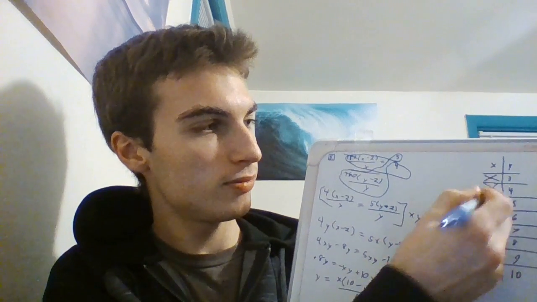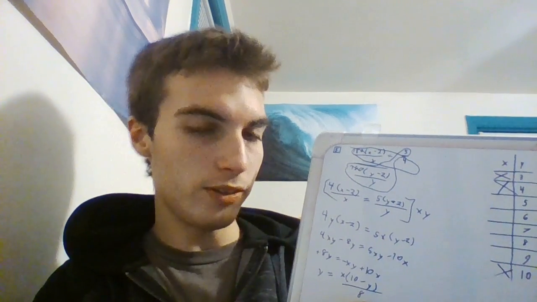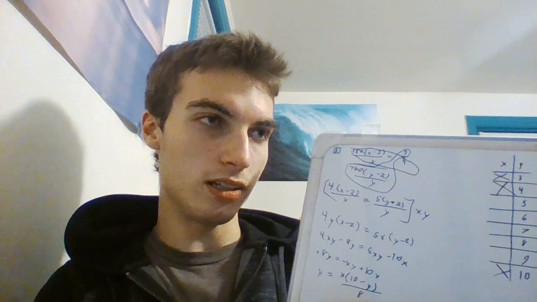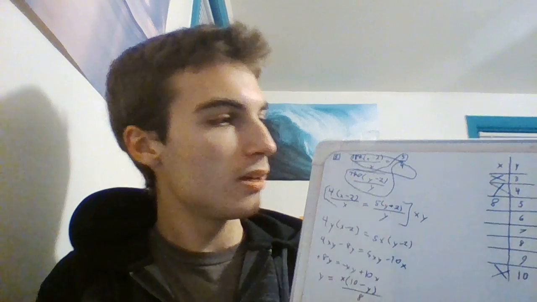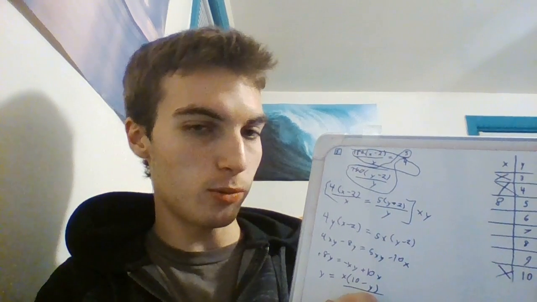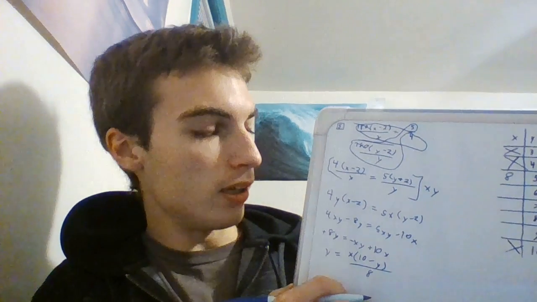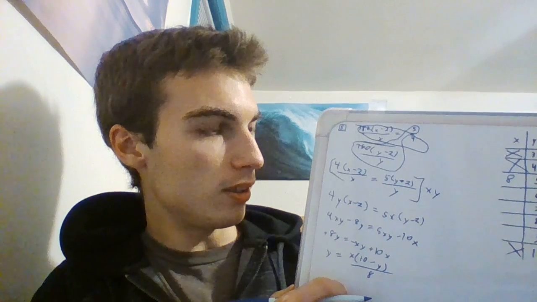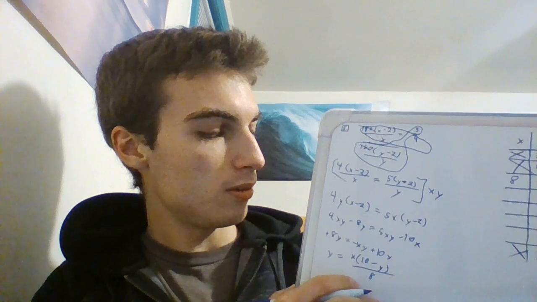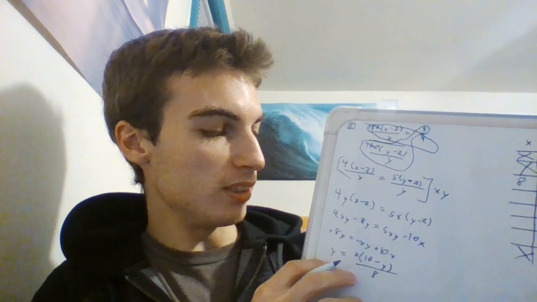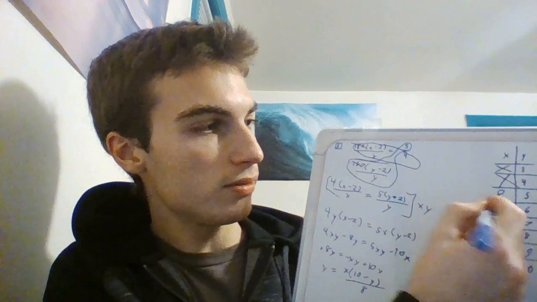Nope. 5 over 8, that'll work. That'll just be 8. Right. 6 for y, and we'd get 4 over 8, which is 1 over 2, and y being 6, x would be 12.